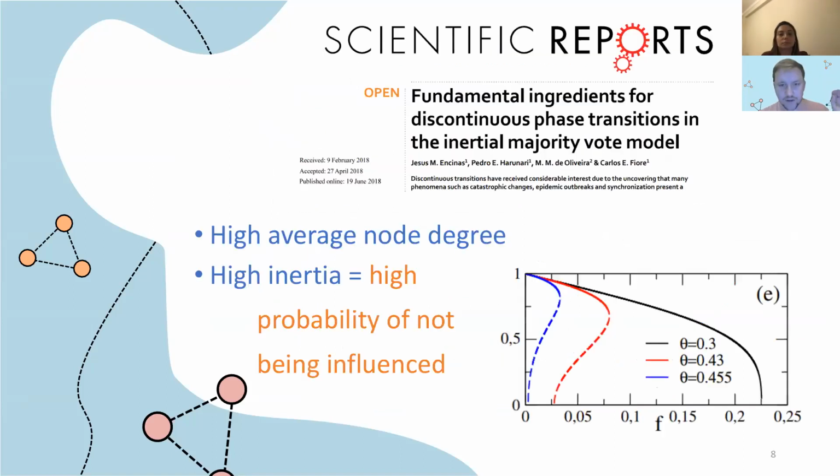This is because one of the fundamental ingredients, next to the topology structure and the high average node degree, is the high level of inertia, which can be caused in this system, for example, by some external parameter theta. The level of this parameter tells me the probability of not being influenced.